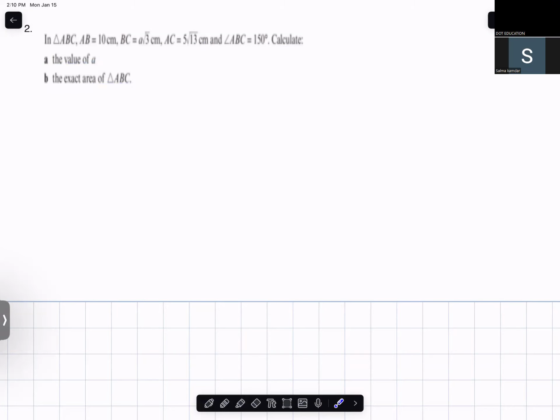So we have two questions. First, I want to draw a sketch of my triangle ABC. Okay, so I have my A, B, C. And side AB is 10 cm. Side BC is a root 3 cm.